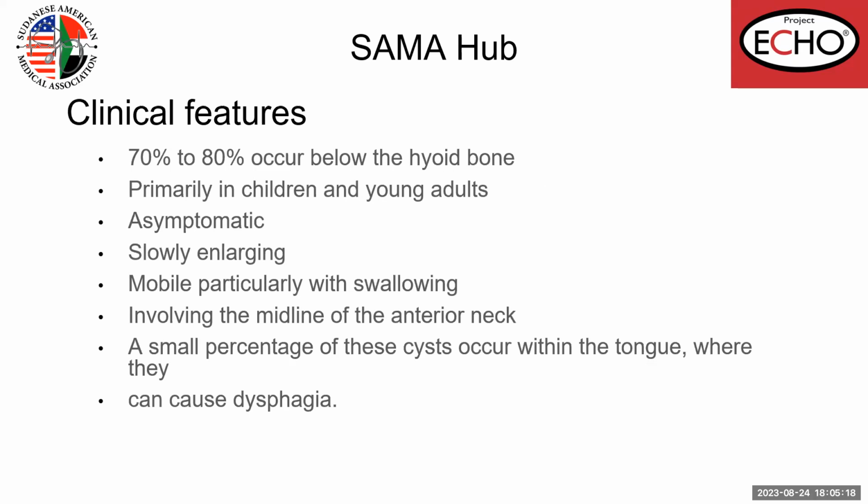It is asymptomatic, slowly enlarging, mobile, particularly with swallowing, involving the midline of the anterior neck. A small percentage can happen in the tongue, and when it happens, it can cause dysphagia.